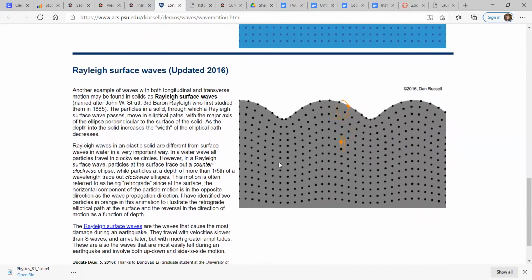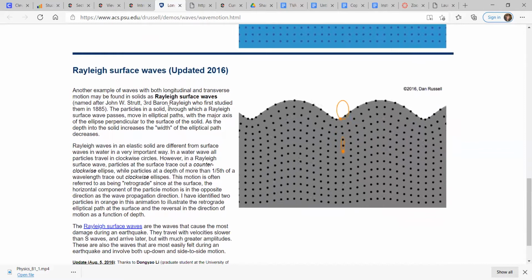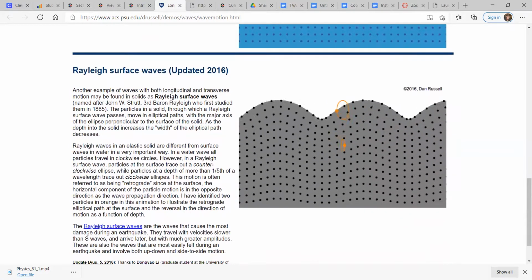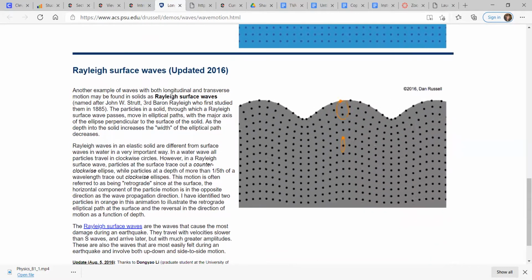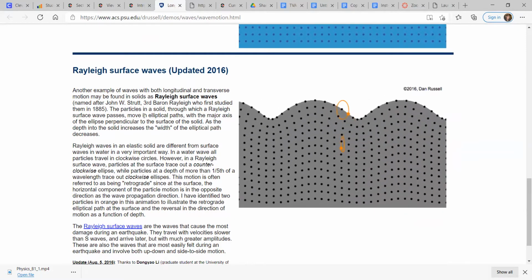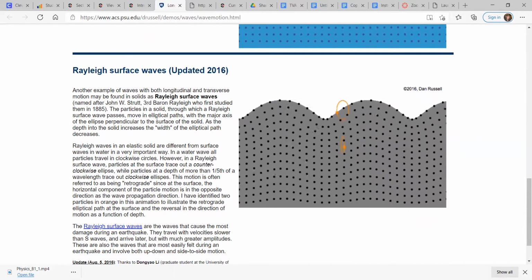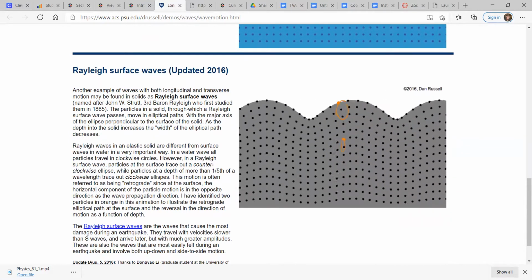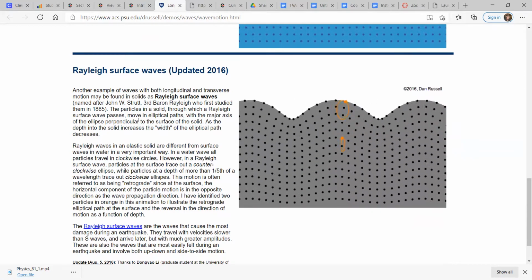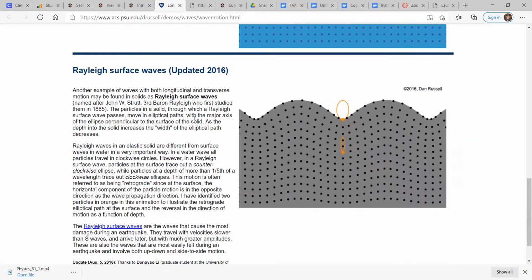If you've ever seen water move that way. Then we have a Rayleigh surface wave. This is another one that has both longitudinal and transverse motions. And this is the particles in a solid through which a Rayleigh surface wave passes. They move in this elliptical path.